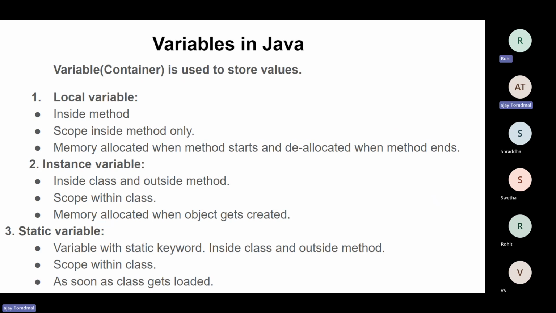If the interviewer asks what is meant by local variable, you have to say a local variable is declared inside the method. A local variable has scope inside the method only, and it will get the memory as soon as we call the method and execution starts, and it will deallocate the memory as soon as method execution ends.